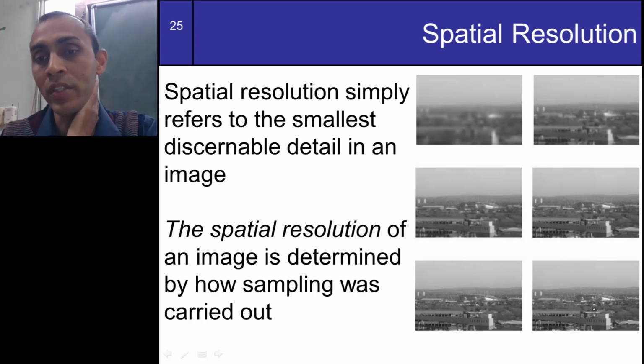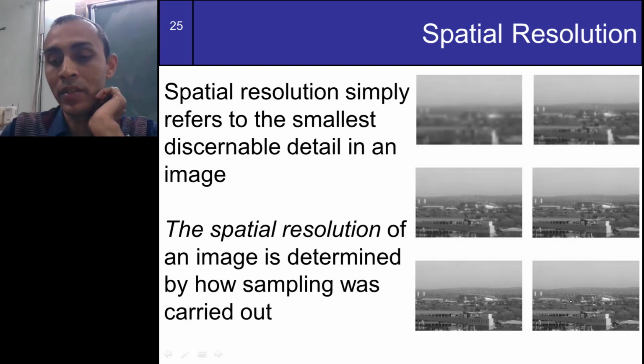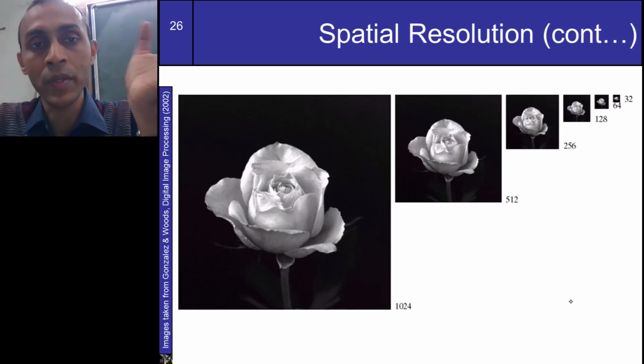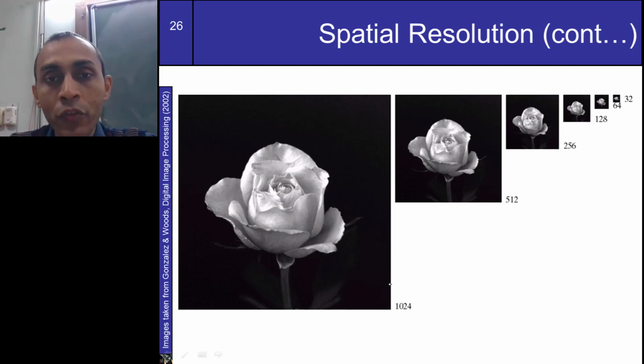Whereas this one, towards the other extreme, has higher spatial resolution. Even if you zoom in, we will be able to see more of the details in the image. For this image, this has around 1024 by 1024 pixels. This has 512 by 512 and so on.